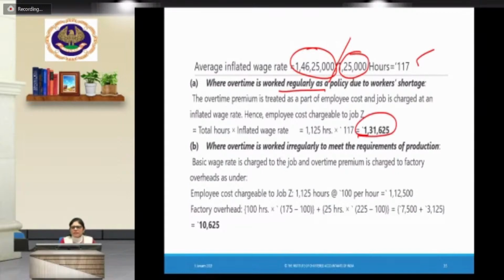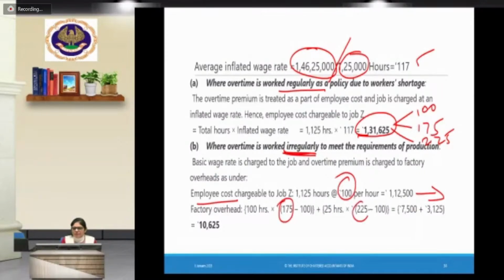So the total cost of all the three aspects, 100, 175 and 225, was charged to production because it's considered regular. When it is irregular, the employee cost will only be the normal. The 175 and 225, the extra overtime part, will be charged to the factory overhead.